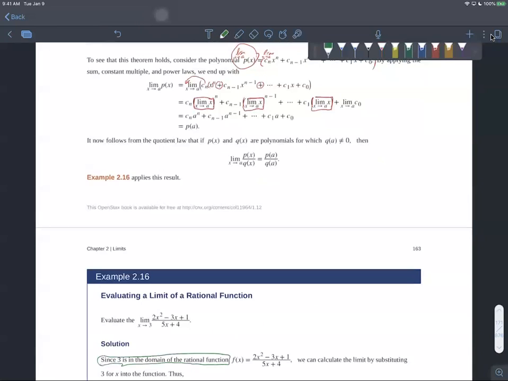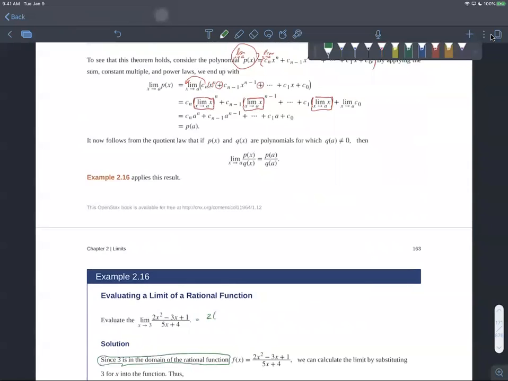Now I guess you might know ahead of time by looking at this that this rational function is undefined at negative 4/5, right? So 3 is definitely not making this function undefined. And you can always plug in and see.